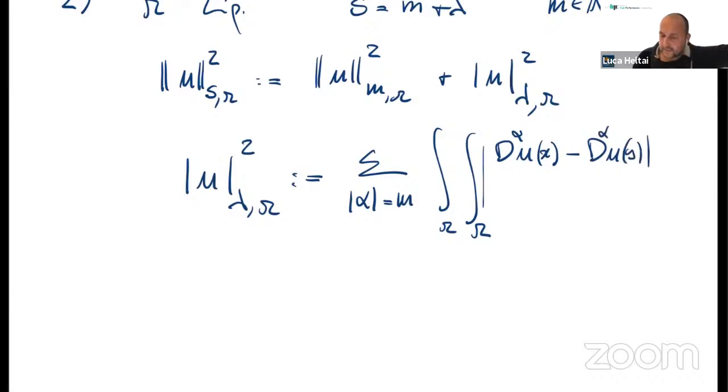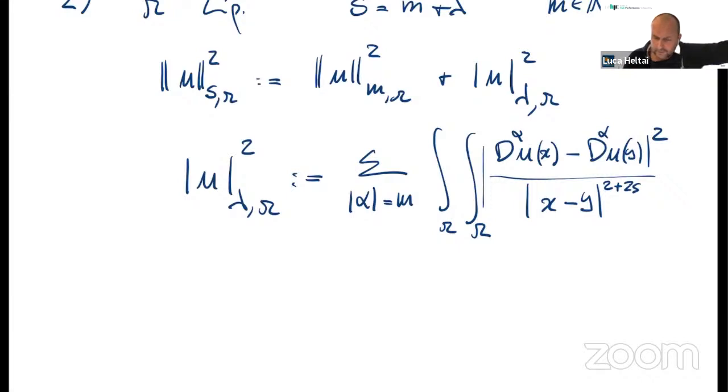So this is D^alpha u of x minus D^alpha u of y, squared, dx dy divided by |x minus y| to a power. I don't remember if it's 2 plus 2s, I think, in this particular case. Let me check. So the first 2 in the front should be the dimension, and this should be the power of the space, which is this 2 over here, and it should be the lambda which is over here. Yes, so this is the correct case.